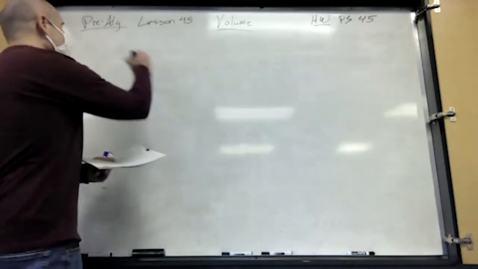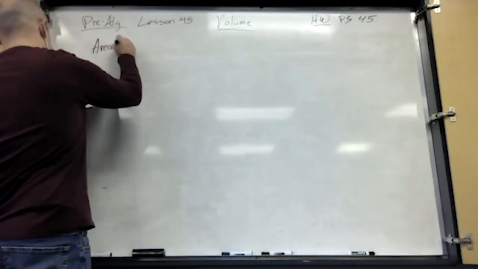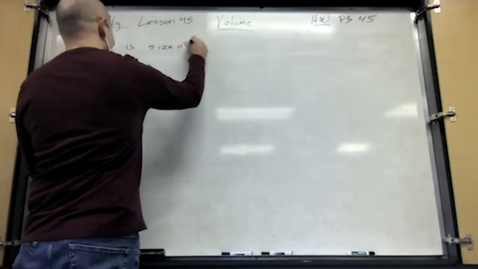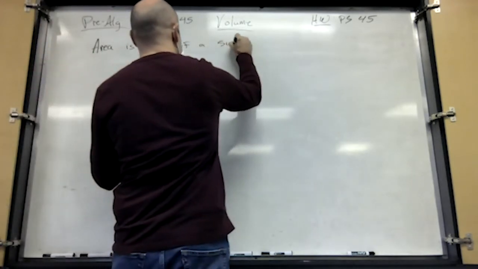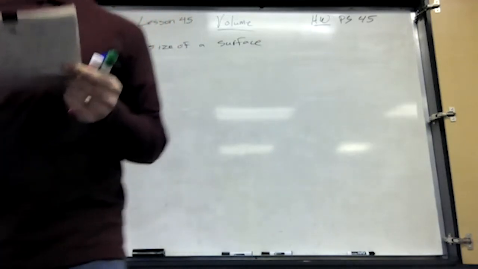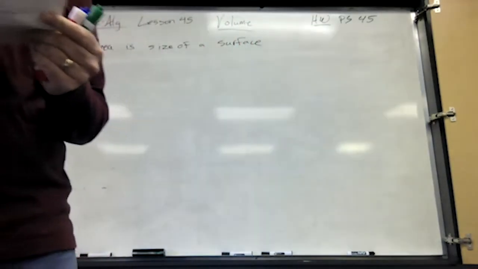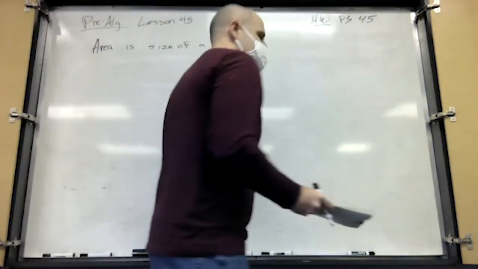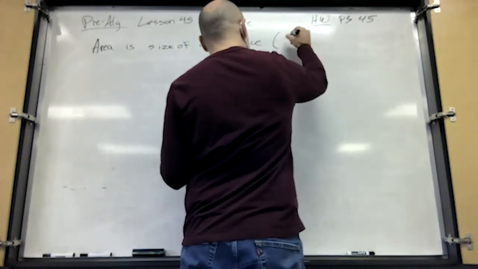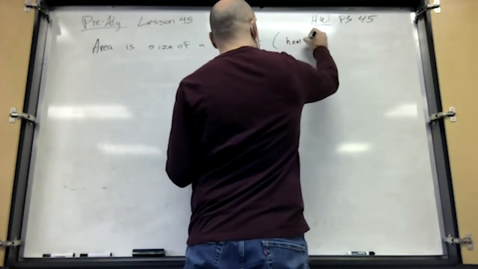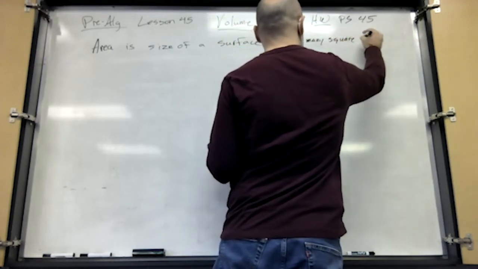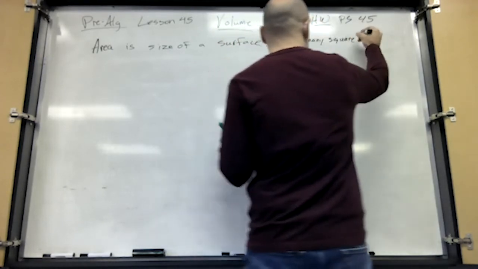So area, let's review. Area is the size of a surface. A face is like the outside of an object. It's two-dimensional. So how many squares fit in it? When you calculate area, you're basically wanting to know how many squares fit inside of this two-dimensional space.